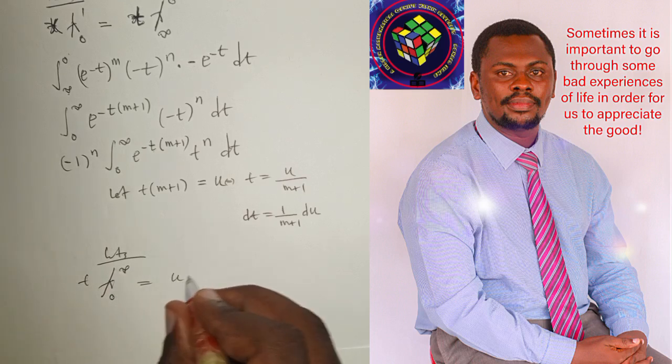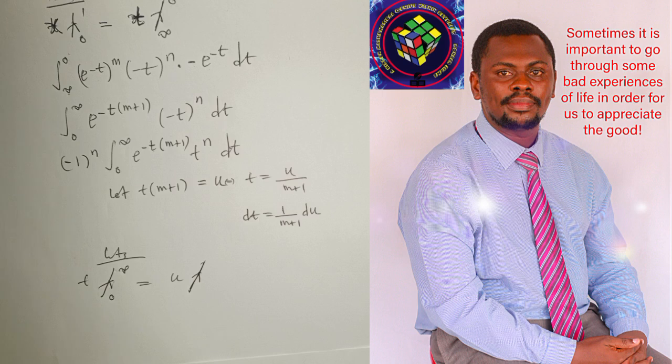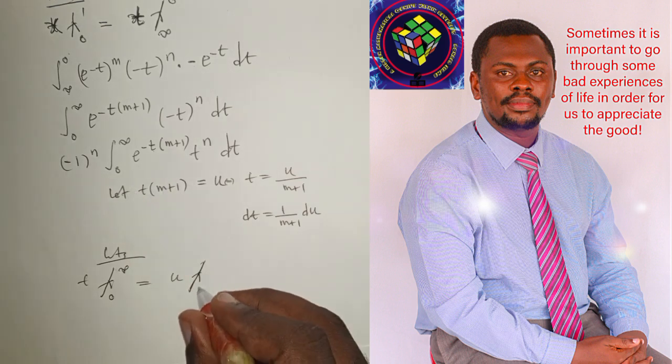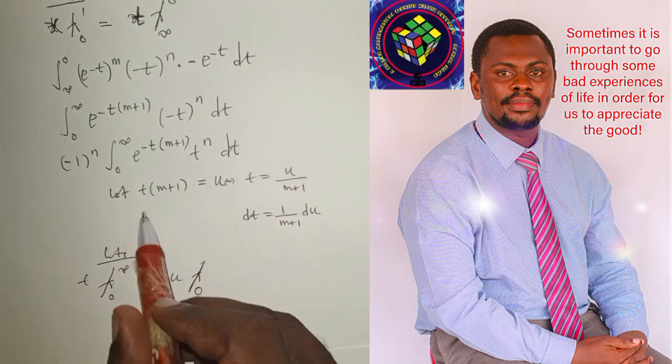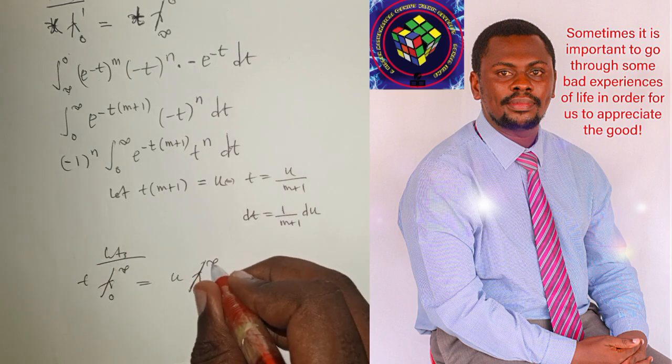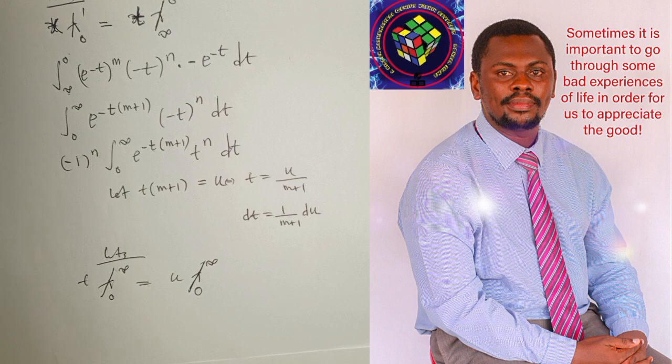We are changing this to u. Where there is t, just put a 0. If you put a 0 here, this whole thing will be 0. If you put infinity where there is t, infinity multiplied by any number will be infinity. So the limits will remain unchanged.